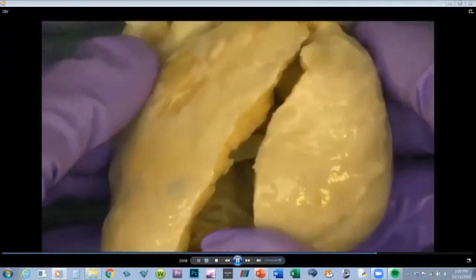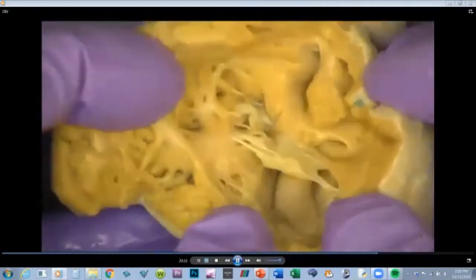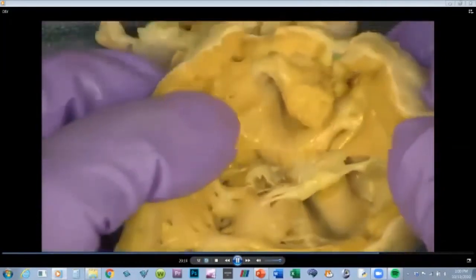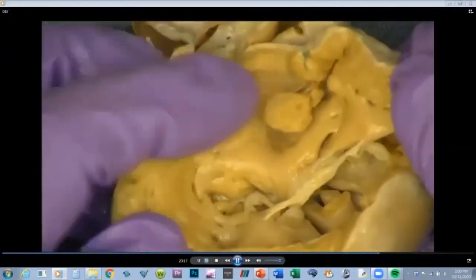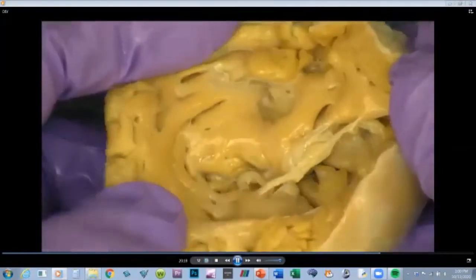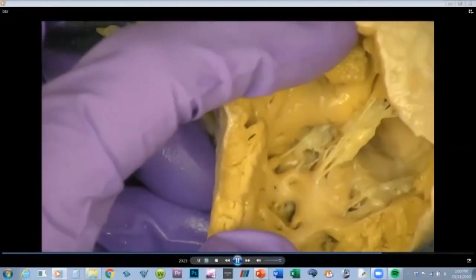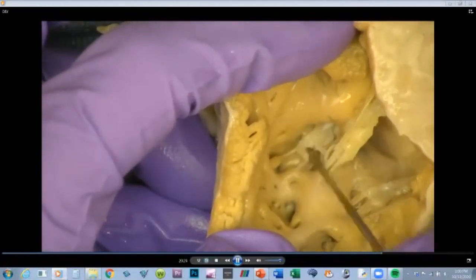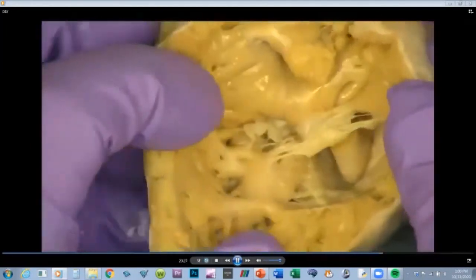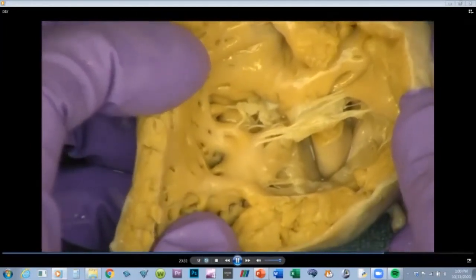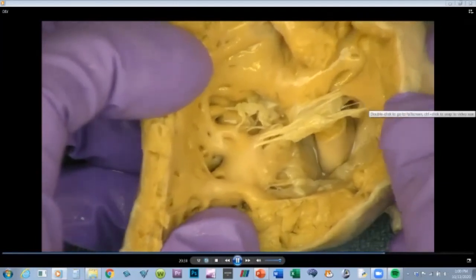I'll show you one other one here, because this one has a couple of features. One, here's our ventricle, which again you can see is heavily trabeculated. But here you can see one of these AV valves is quite small. This right AV valve is really quite small. So if there was no atrial septal defect, this could produce systemic venous obstruction.